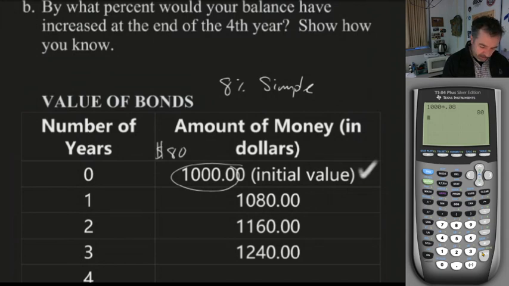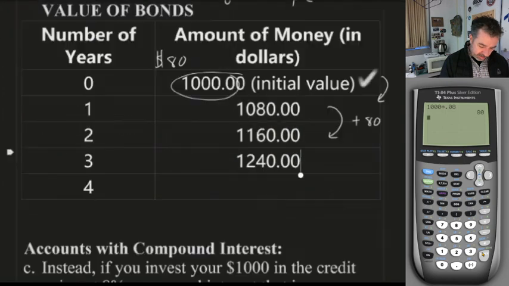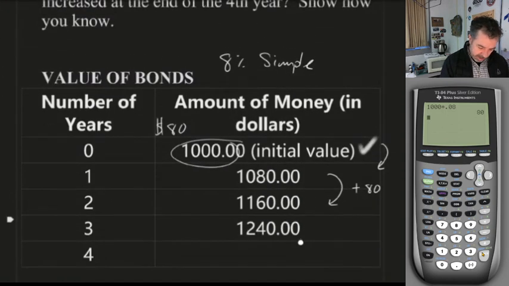And what I observe on this table is every single time I go from year to year, at year 1 they add $80, at year 2 another $80 is added, at year 3 another $80 is added.